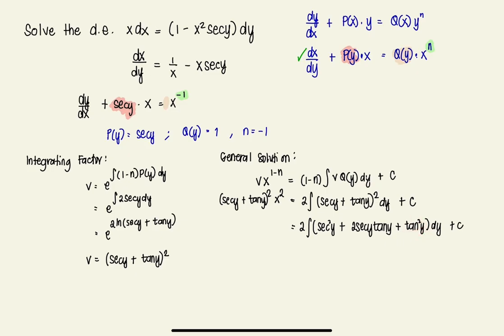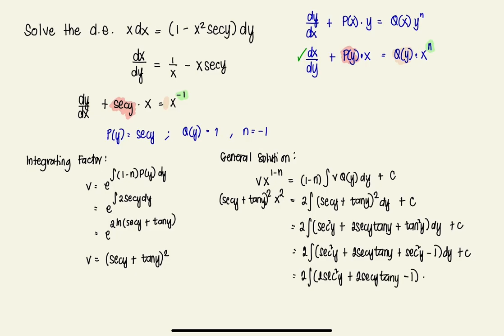Writing that in terms of secant, that would be 2 secant y tangent y plus secant squared y minus 1 dy plus c. So that's 2 times the integral of 2 secant squared y plus 2 secant y tangent y minus 1 dy plus c. We can now integrate.